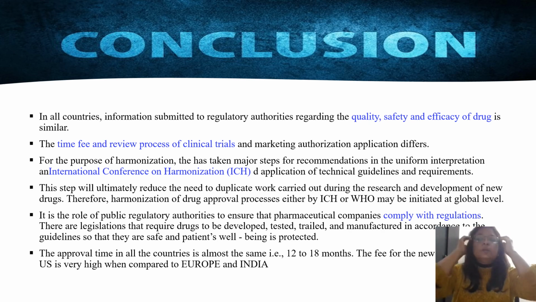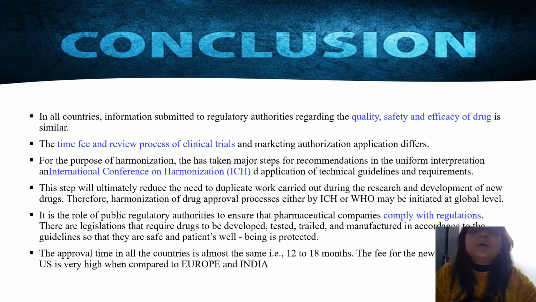Although the procedures in different parts of the world may seem different and the names are different, one thing common among all of them is that regulatory agencies are looking for the quality, safety, and efficacy of the drug. With the ICH recommendations, they continuously look for the quality of the product.